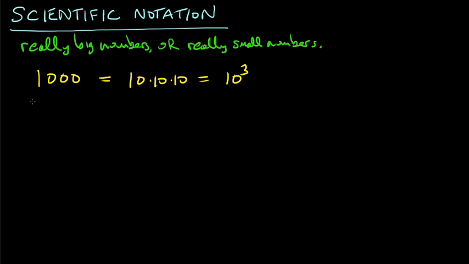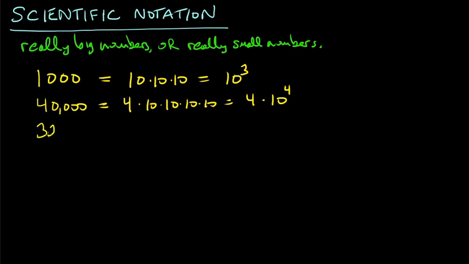If I want to write the number, let's say 40,000, well, that's 4 times 10 times 10 times 10 times 10, which is 4 times 10 to the power 4. If I want to write the number, let's say 320,000, I can write that as 32 times 10 times 10 times 10 times 10.